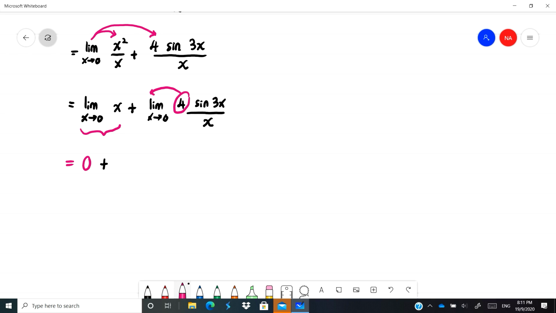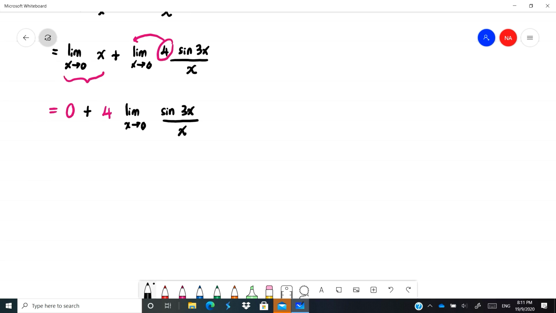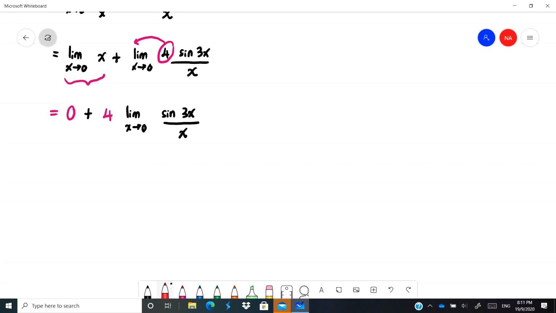I take out 4 in front here, so 4 limit as x approaching 0 of sine 3x over x. Please take note that we have this 3x here, but only x in the denominator, so we cannot take this 3 outside.